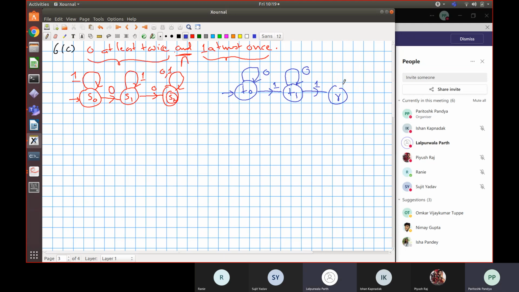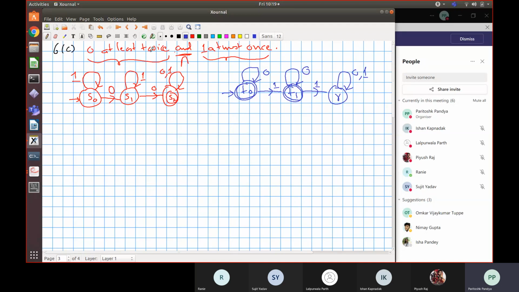And on reject, if a 0 or 1 occurs, then? Self loop. Okay, so I have a 0 or a 1 here, right? And now, which are the accepted states? T0 and T1. Excellent. Very good. T0 and T1 are accepting states, final states. So this is the automaton for at most one 1.